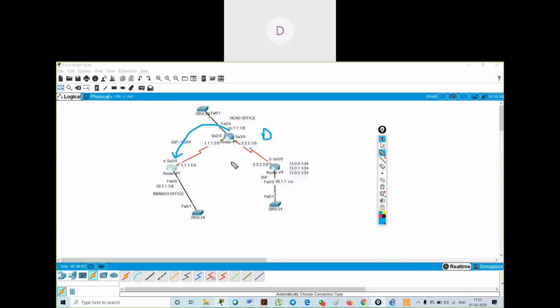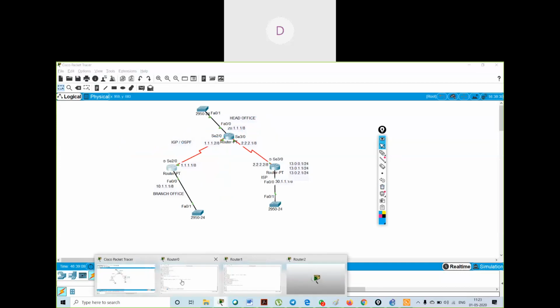If I am having multiple branch offices connected over here and I give one command, redistribute static, the information will go to all the branch offices that are connected. Understood? Yes.